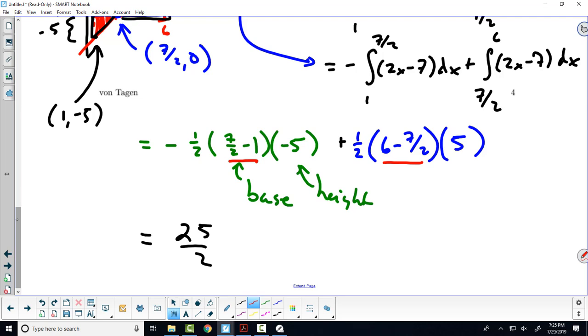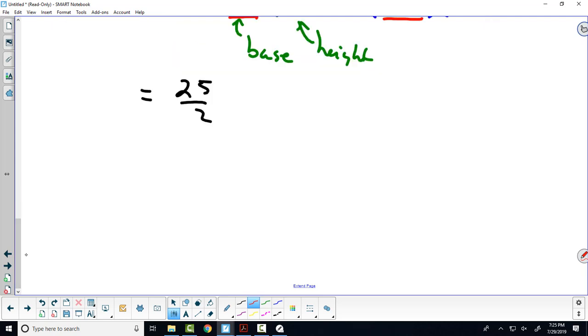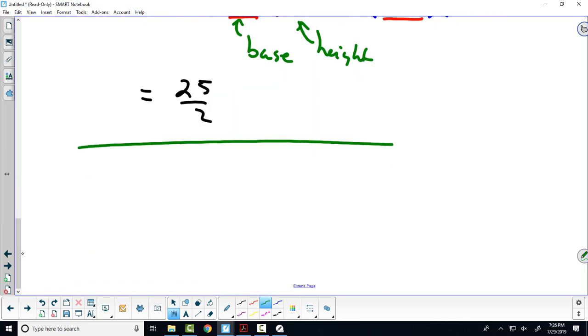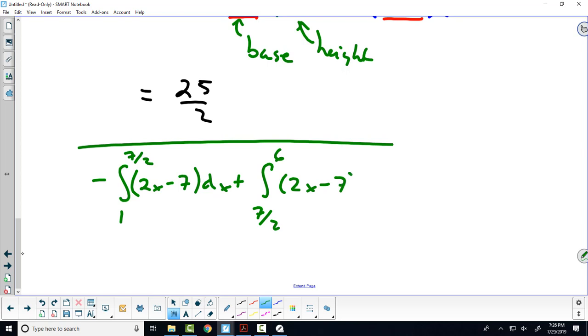Okay, so I decided I wanted to do this problem, folks, because you guys have already seen the fundamental theorem of calculus. So let's go ahead and utilize that instead. Let's return to this formulation of the question, minus the integral from 1 to 7/2 of 2x minus 7 dx plus the integral from 7/2 to 6 of 2x minus 7 dx.